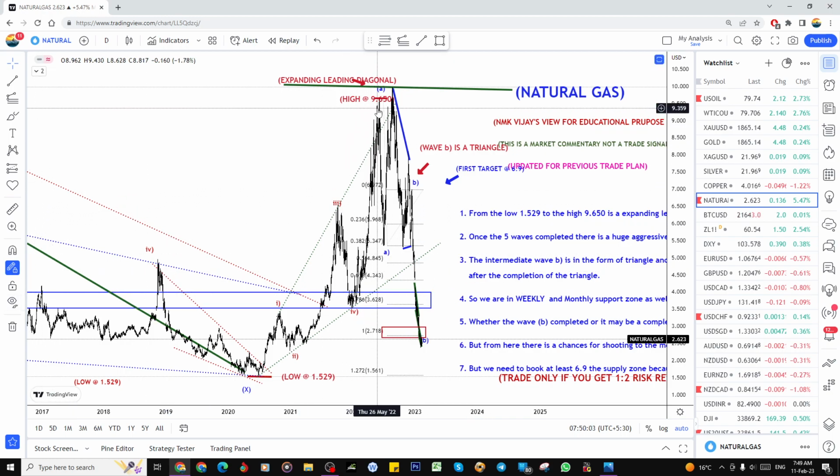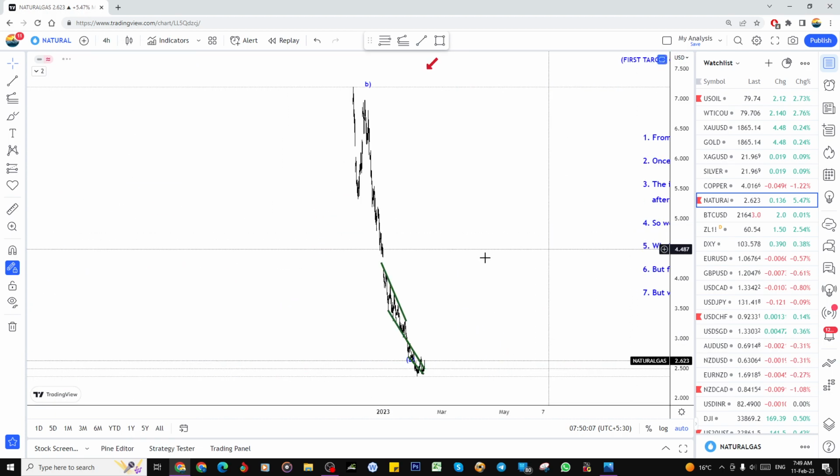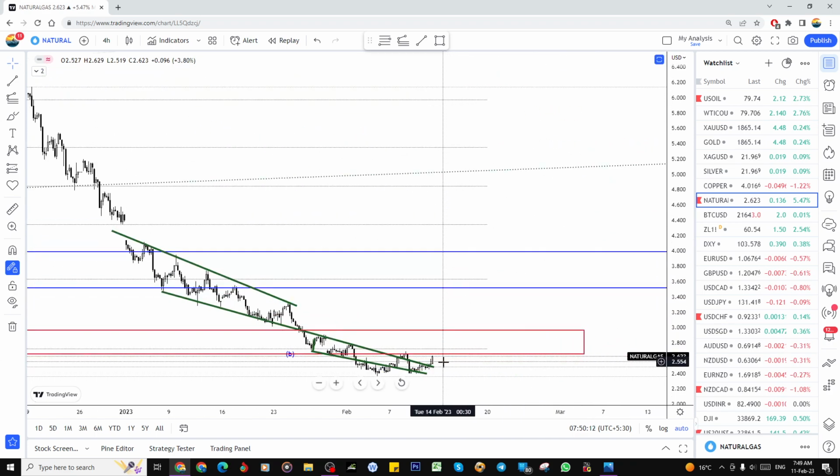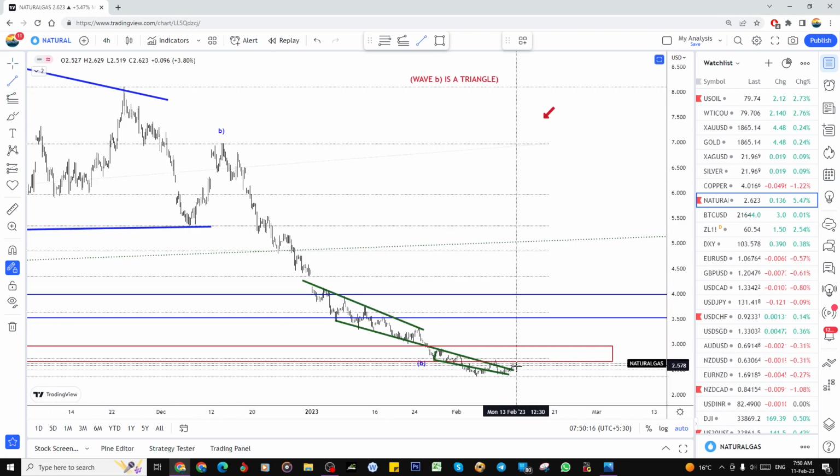So whether this is a B and C means it looks like it's completing, but again and again it's declining. So one more time, everybody wants a bounce and everybody will keep on buying. What will it do?